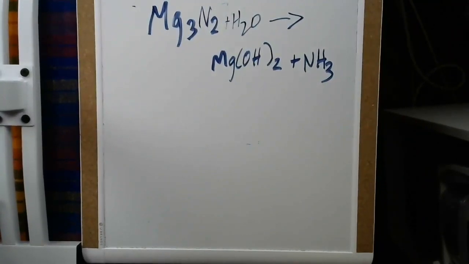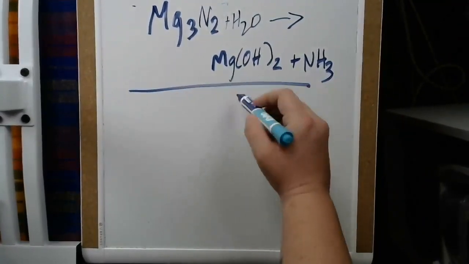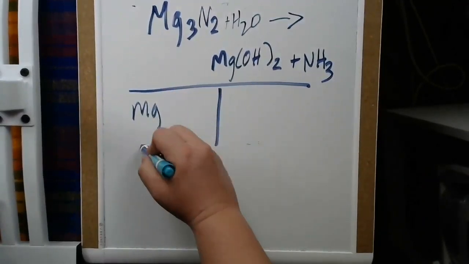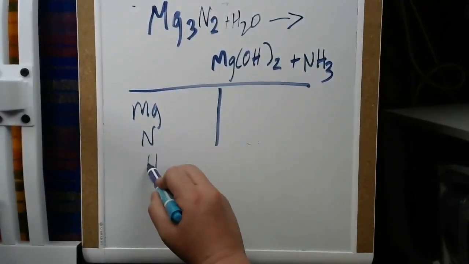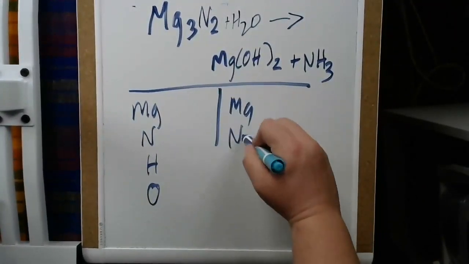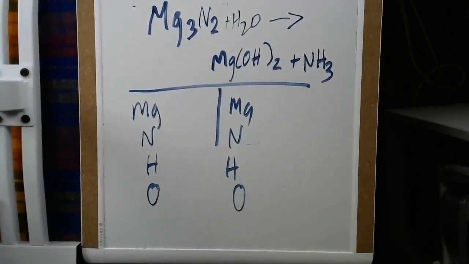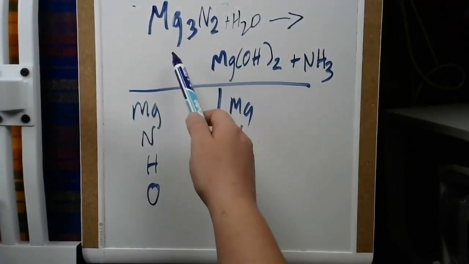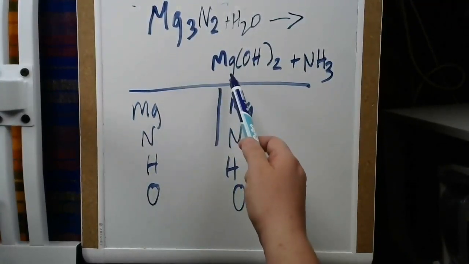Okay, so let's start by balancing. You've got magnesium, nitrogen, hydrogen, and oxygen. Right, so right off the bat, I'm looking at Mg3N2 and MgOH2.